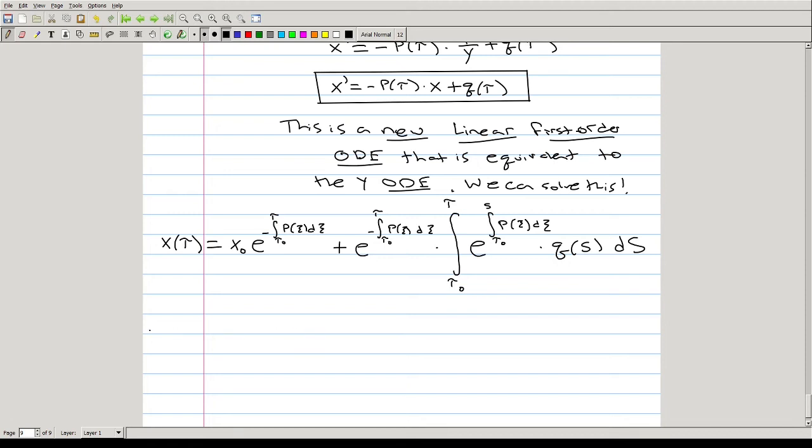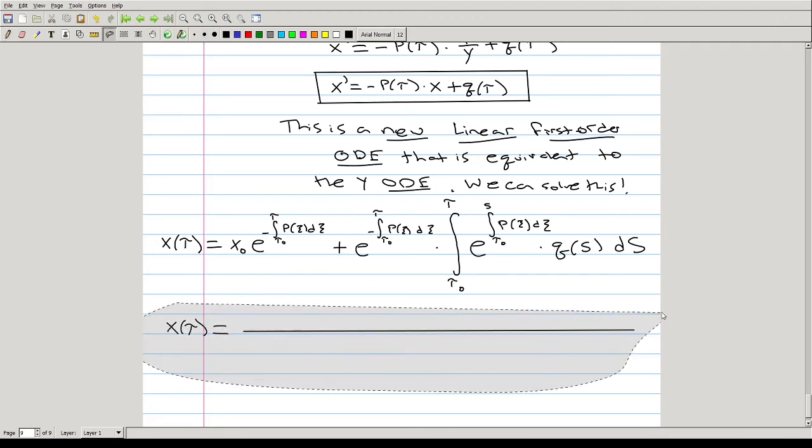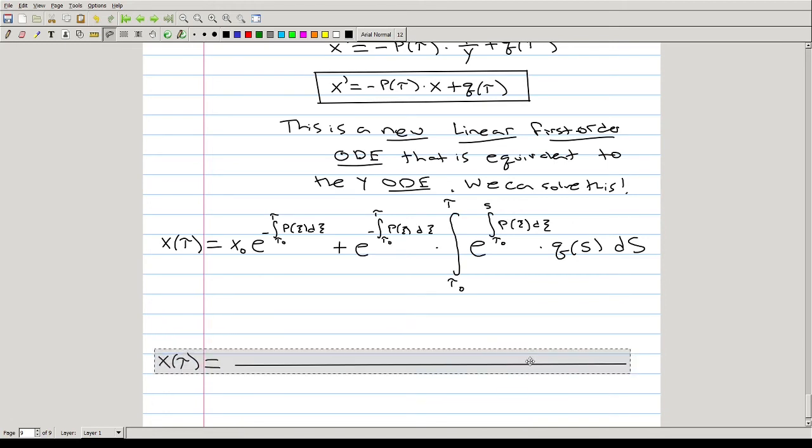And it's more convenient for this application, I think, to express this as a fraction. So I'm going to go ahead and do that right here. Because you have e to the negative this integral plus e to the negative this integral times this. So if we factor this out and re-express this as 1 over e to the positive this integral, it's going to look a little bit nicer here.